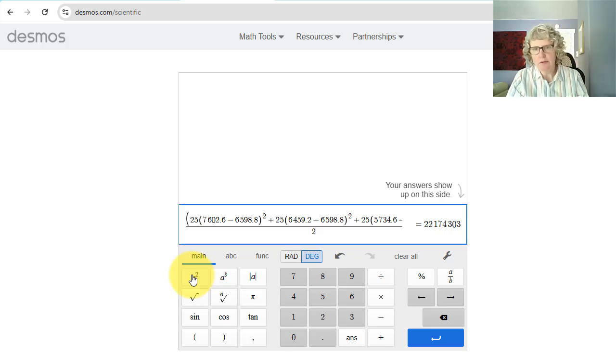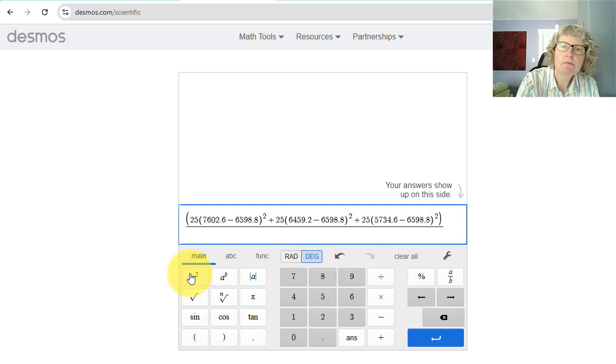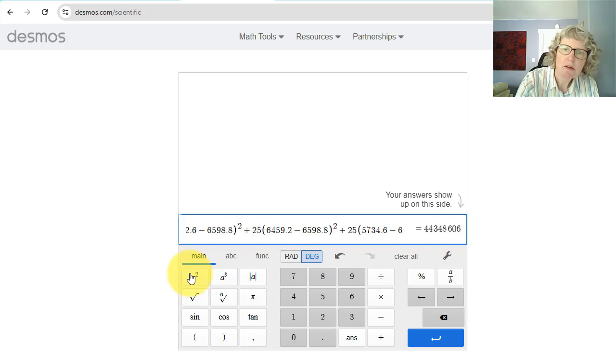You could do the top first and then divide, but actually I do want to do that. Let me get my number before I divide by 2. There is a reason for this, so I'm going to write that down. 44,348,606. These are huge numbers, right?